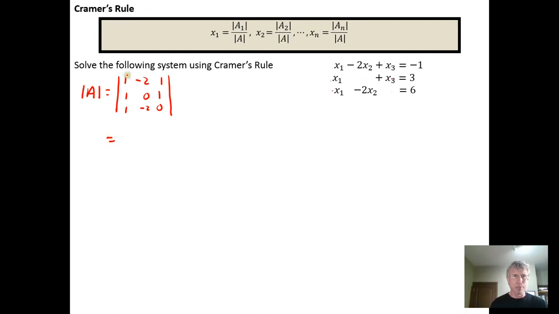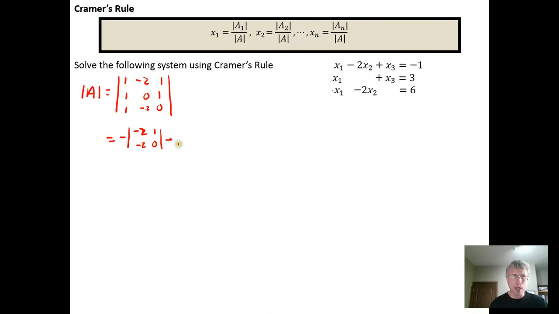So we have the plus minus pattern, so it's going to be minus 1 times the determinant of the minor matrix for row 2, column 1. So we eliminate column 1, row 2, and the matrix that's left is negative 2, 1, and then negative 2, 0. We don't need to worry about the 0, because 0 times the minor matrix will be 0.